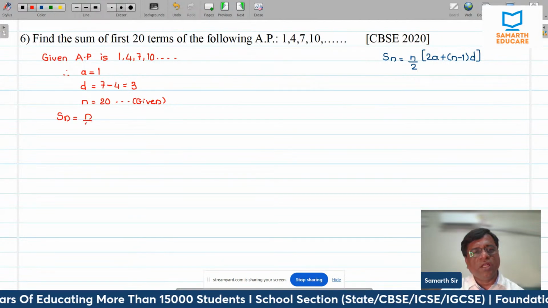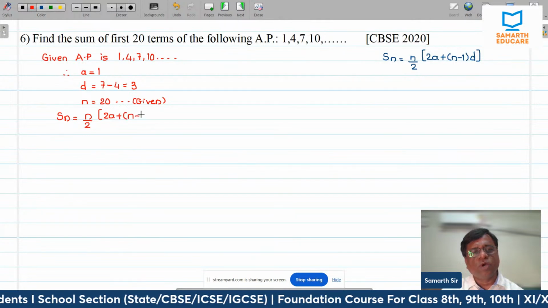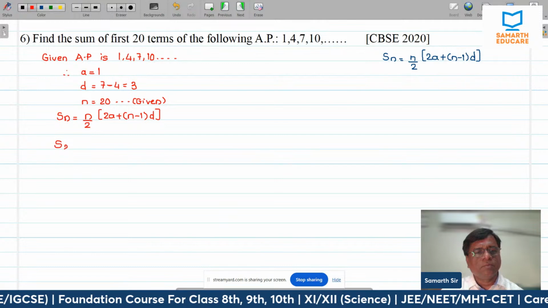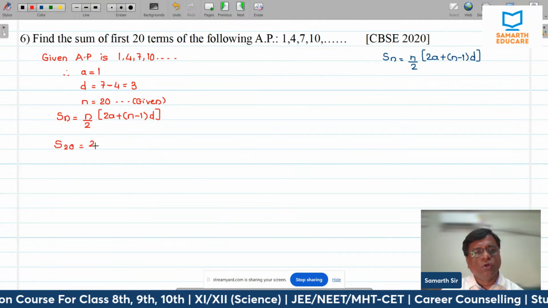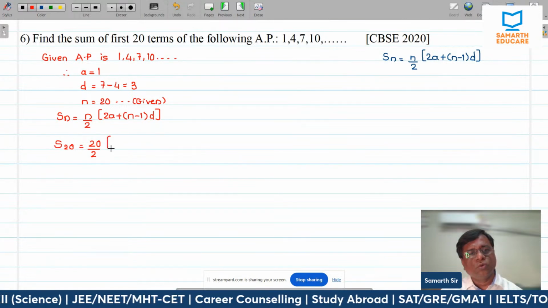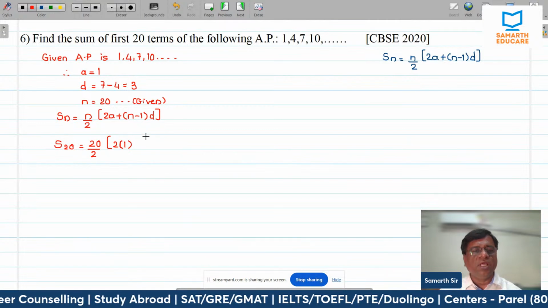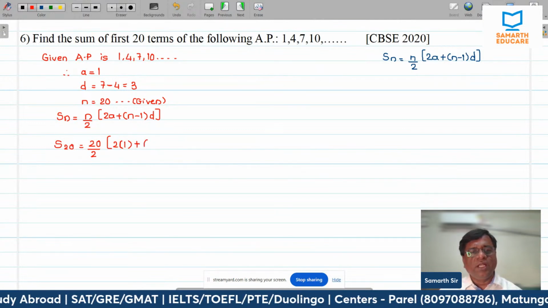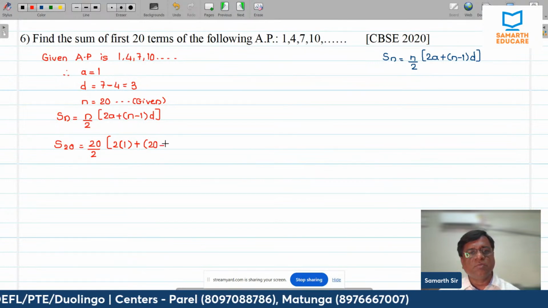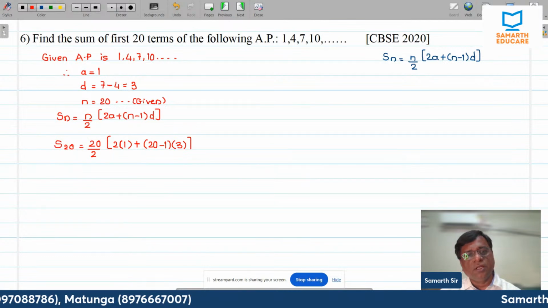Sn is equal to n upon 2 into 2a plus n minus 1 into d. Okay, so S20 is equal to 20 upon 2 into 2 into a. The value of a is 1. Remember, a value is 1. 20 minus 1, I can write directly 19 if you can, otherwise write it out. 20 minus 1 into the value of d is 3, right?